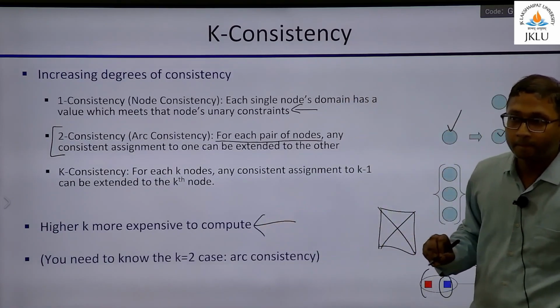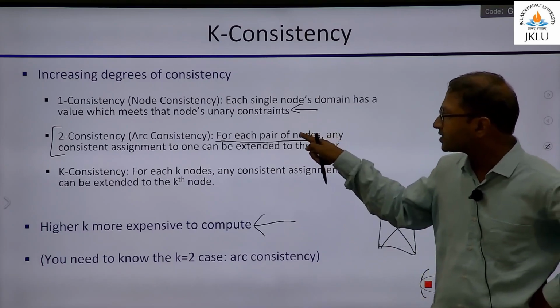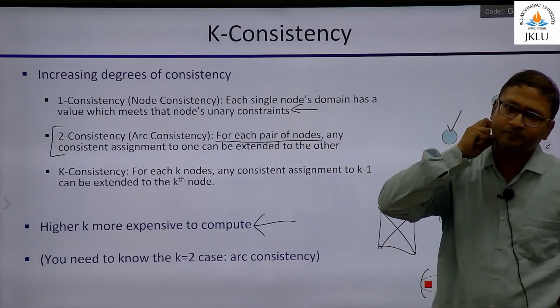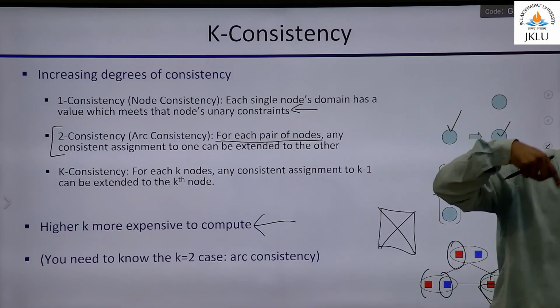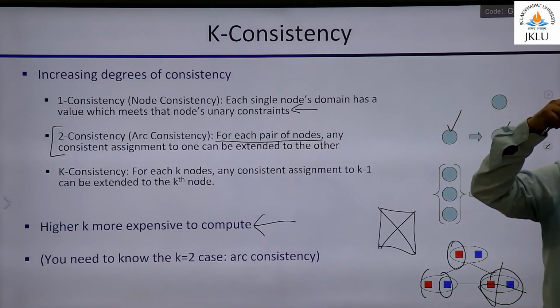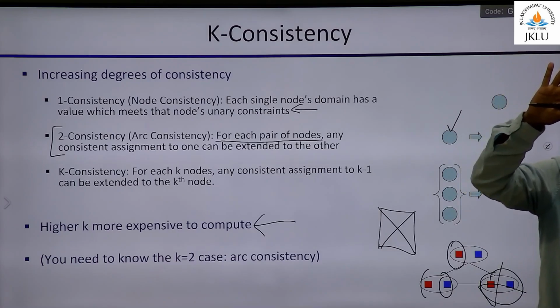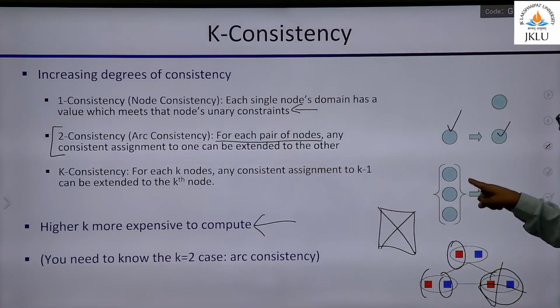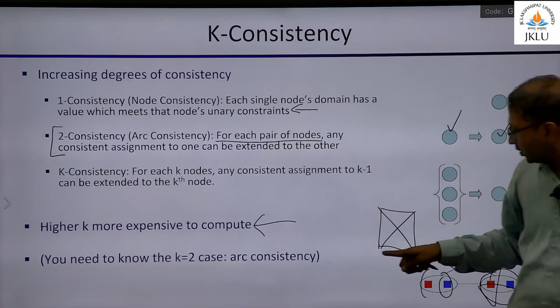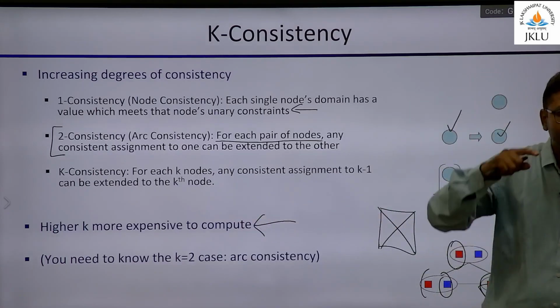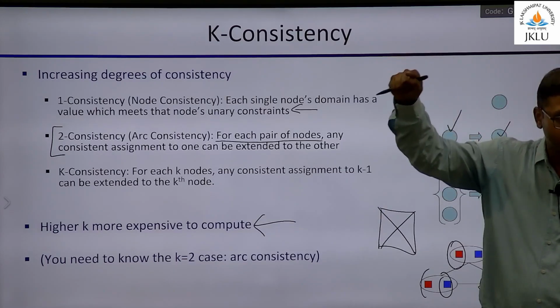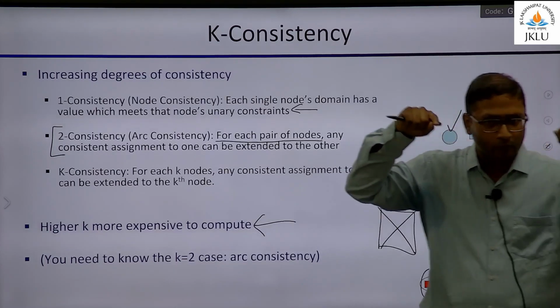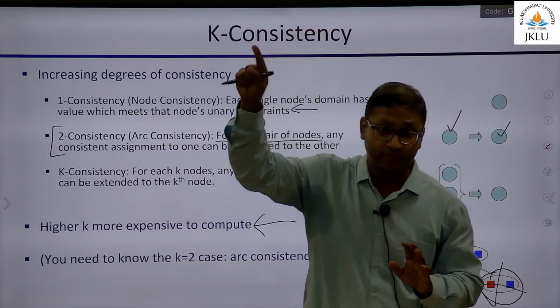Why? What was the time complexity for arc consistency, remember? Order n square d square, something like that. This will be even more expensive. What about K consistency? The more K is, the complexity will rise very fast.